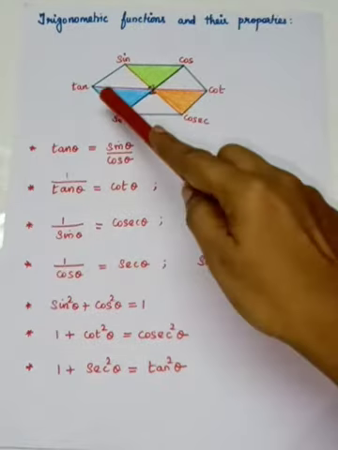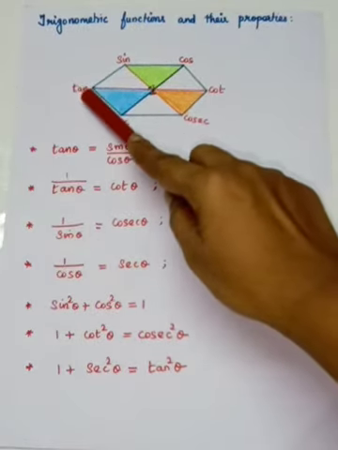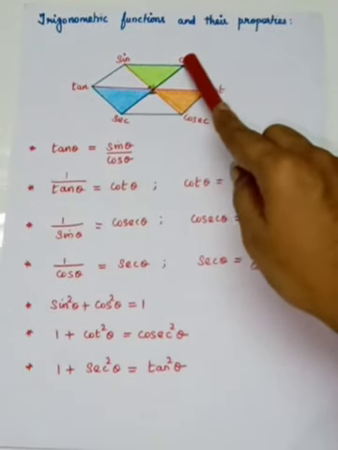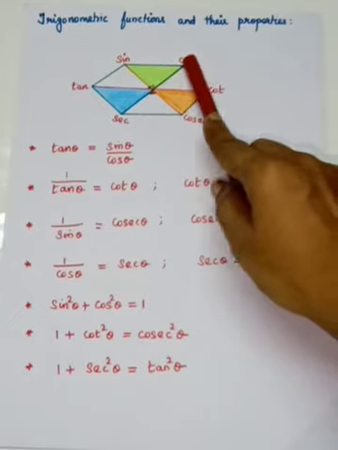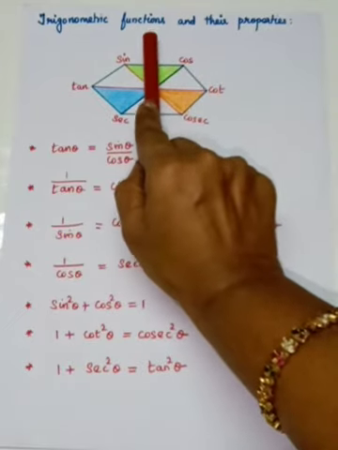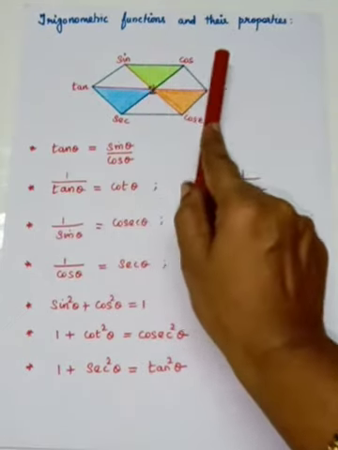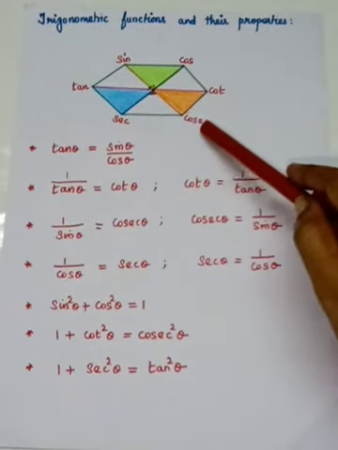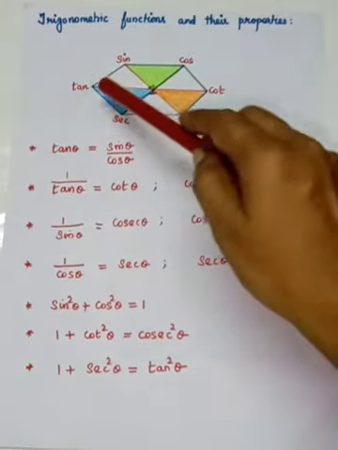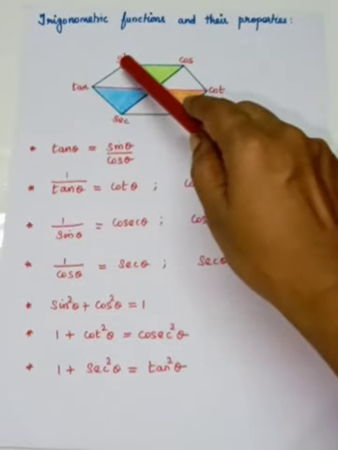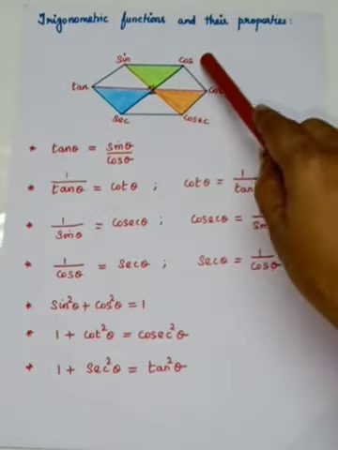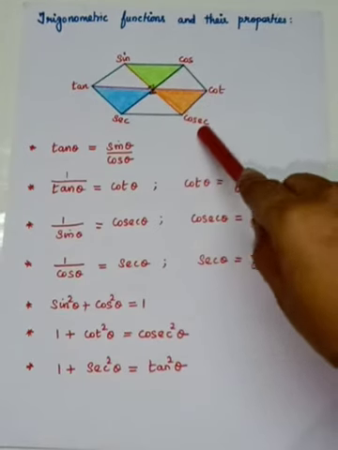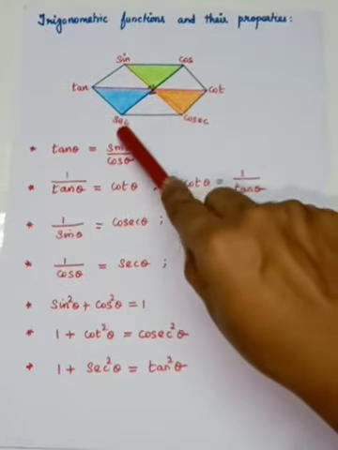First I'll start with tan theta, that is tan, then sine, cos. If you draw the line, on the right side you will have cos. The function starting with c will come. So tan theta, sine theta, cos theta, here cot theta, then cosecant theta, the remaining is secant theta.